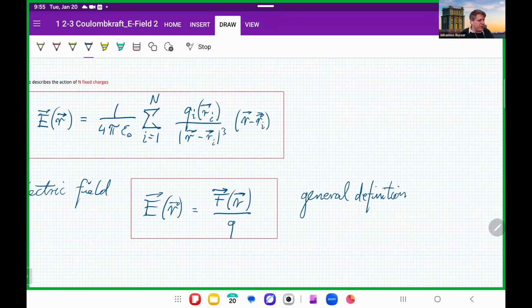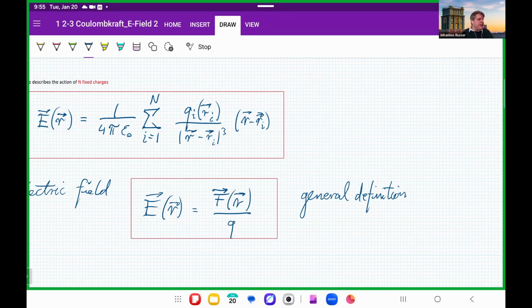So far we have a force field with Coulomb's law, a force field on a particular test charge. But depending on what test charge you bring into this surrounding, the force will vary, because the force depends on the magnitude and of course also on the type of charge: is it positive, is it negative?